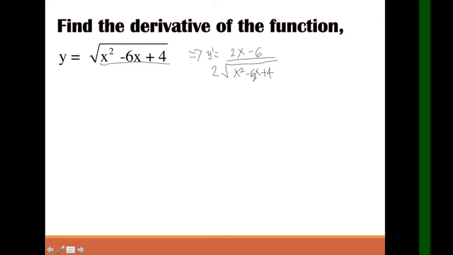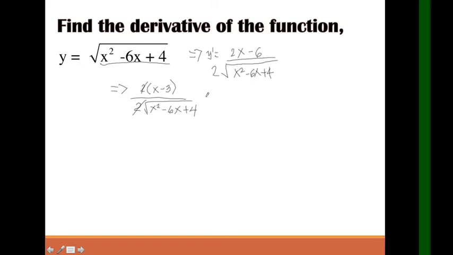So, madali lang ito. Mabilis lang tayo dito, no? Kunin natin yung factor ng 2x minus 6 and that is 2x minus 3. Ilalabas lang natin yung 2 all over 2 square root of x squared minus 6x plus 4. So, we can now cancel the 2.